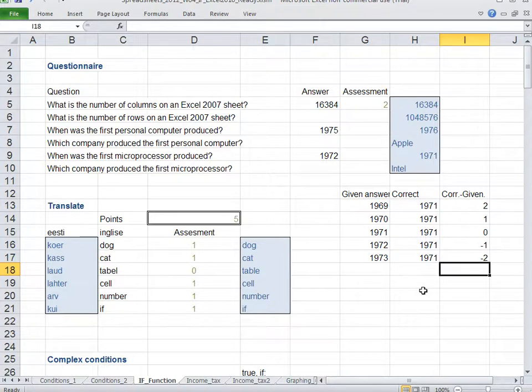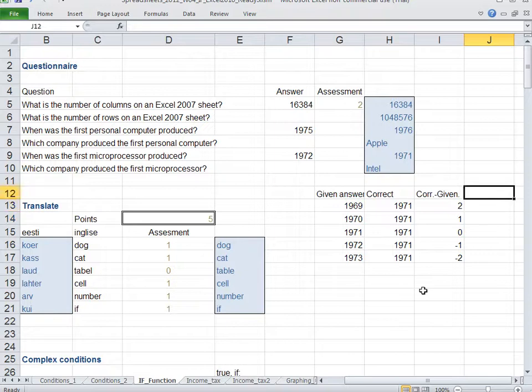Now what we can do here is, since we want to check whether the difference between the given and the correct answer is 2, whether the difference is 2, what we can do here is we can take the absolute value. So let's write something called abs, and absolute value between the two answers is always positive.